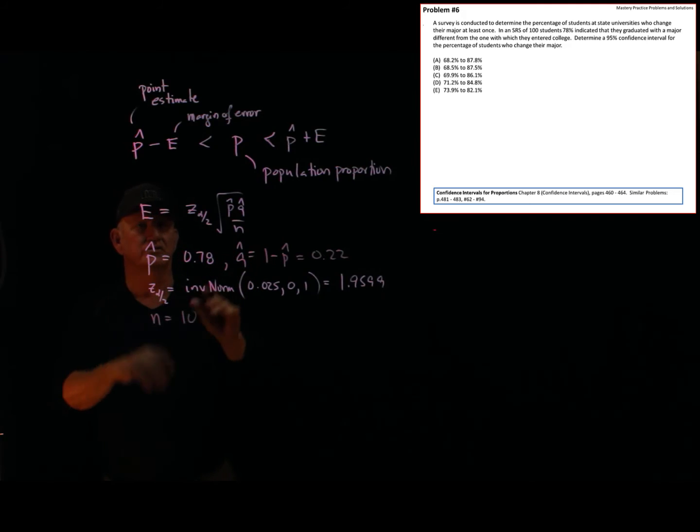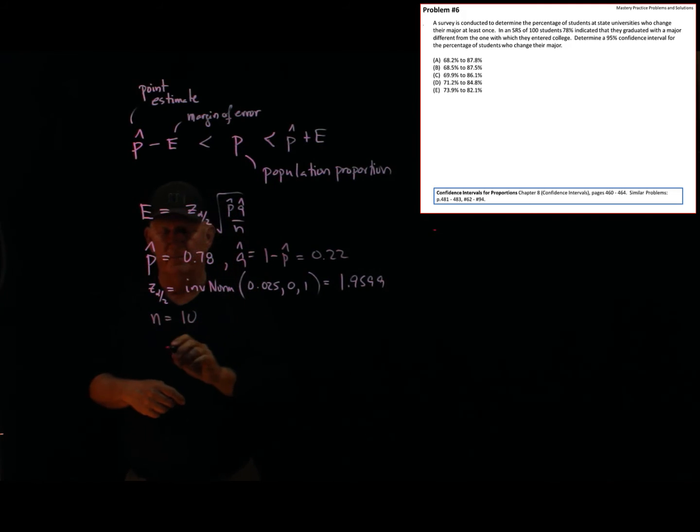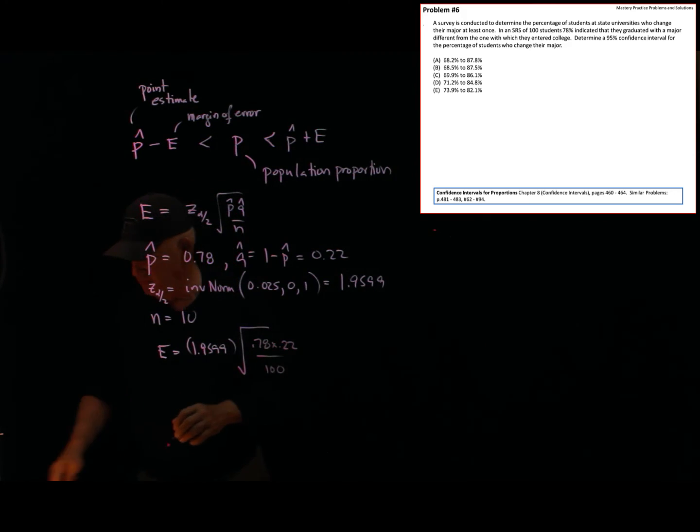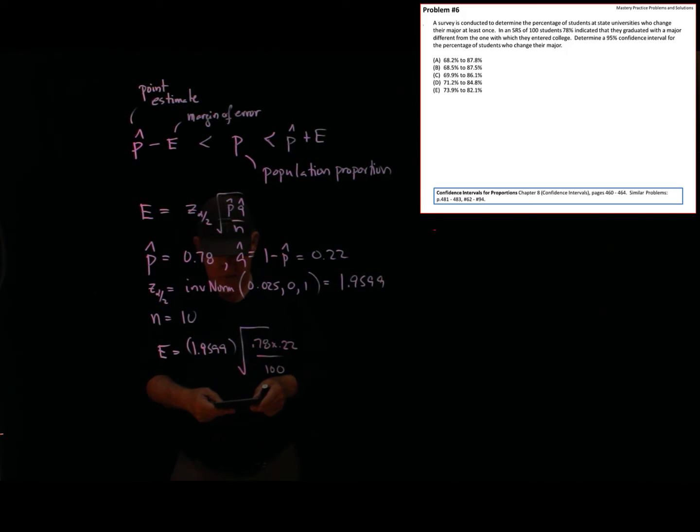So if I just throw all those into this formula, E is equal to 1.9599 times the square root of P hat 0.78 times Q hat 0.22 divided by 100. Let me calculate that real quickly. I get 0.78 enter, times 0.22, divide by 100, take the square root of that, and multiply by 1.9599.